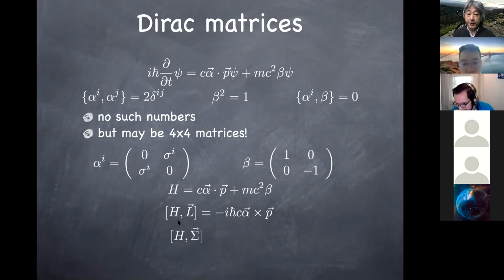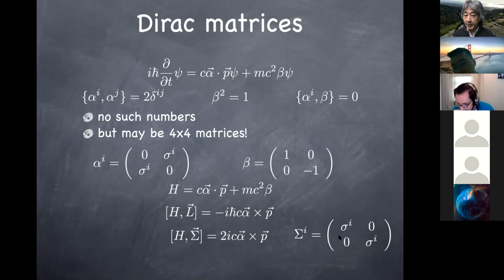But if you further take this matrix sigma, which is given by the Pauli matrices, but on the diagonal blocks rather than the off-diagonal blocks as for the alpha matrices, this is also a 4x4 matrix, and if you compute its commutator with the Hamiltonian, you find something similar, but with an additional factor of 2 and opposite sign, without the h bar.